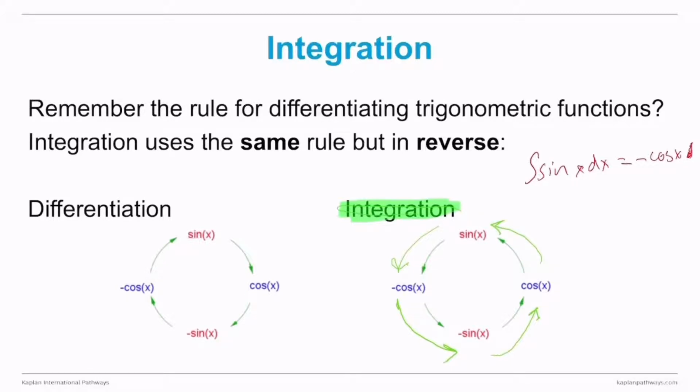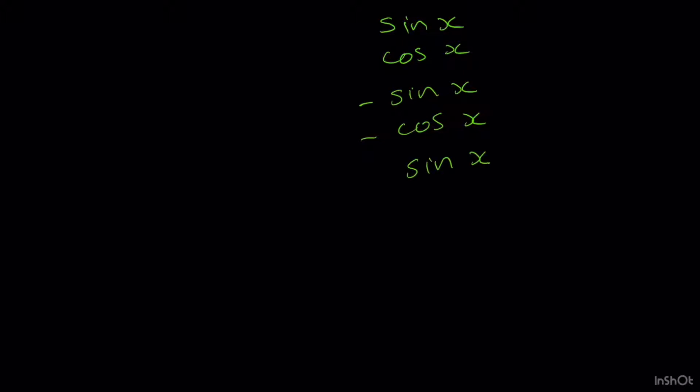There is also another way for you to remember, if you want to use it: you can write it down as a list. Sine x, cosine x, then minus sine x, minus cosine x, and then sine x again. So just to start in order: sine, cosine, then minus sine, minus cosine, then sine again.